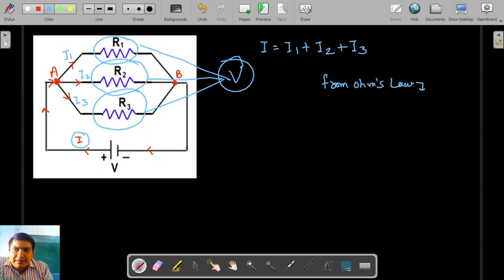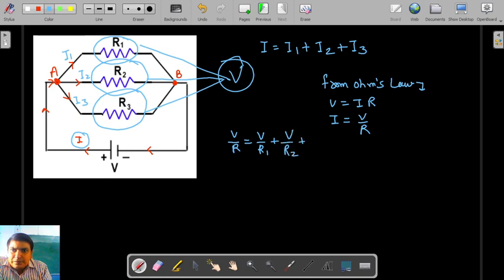From Ohm's law, if V equals IR, then I equals V by R. By using this, we can write V by R net equals I1, which is V over R1, plus I2, which is V over R2, plus I3, which is V over R3.